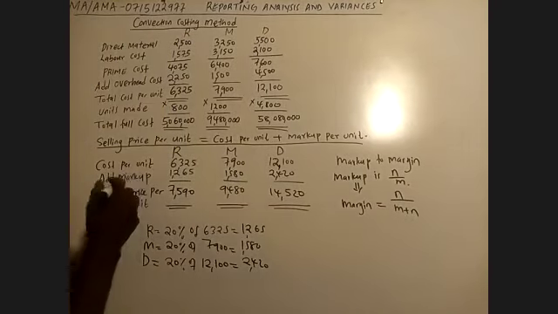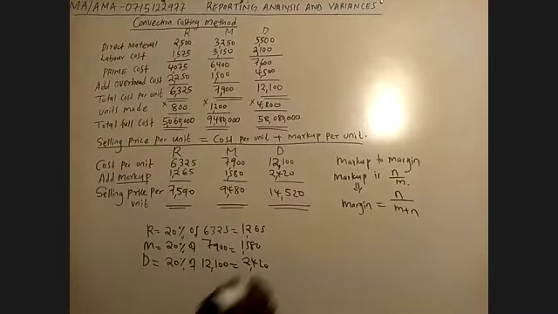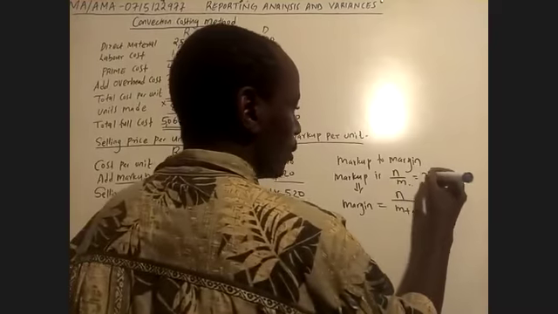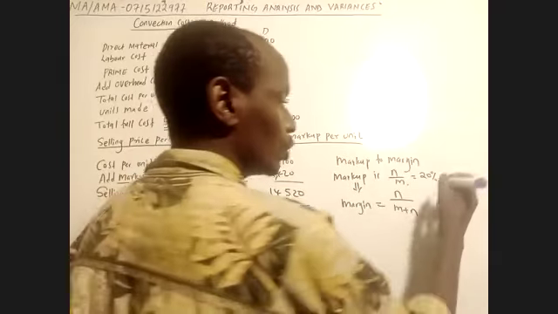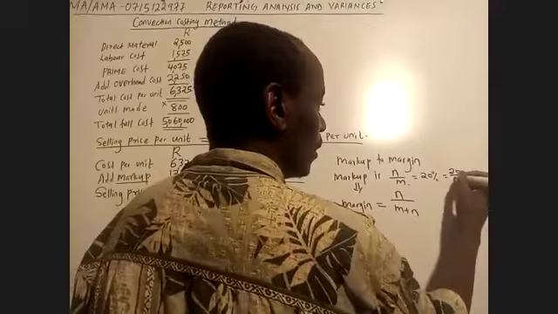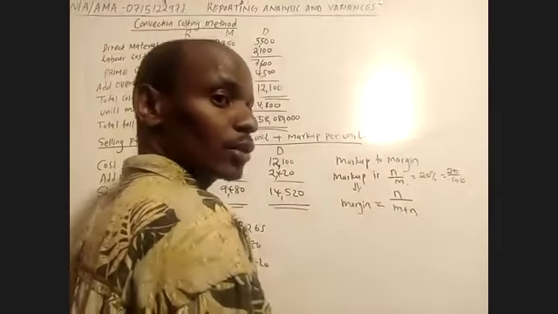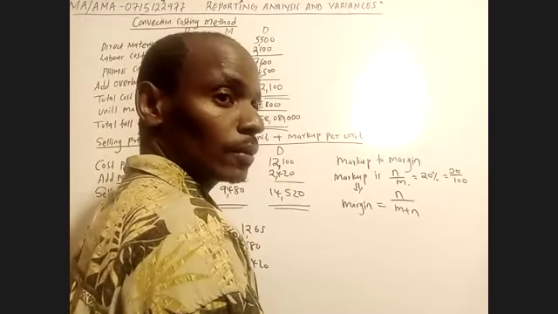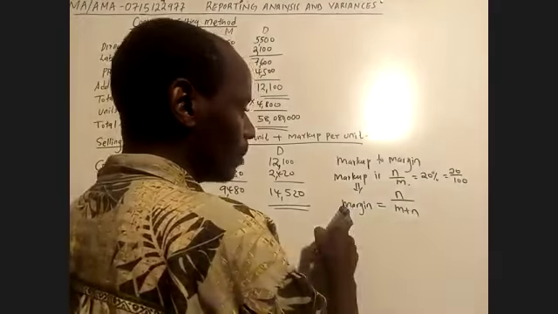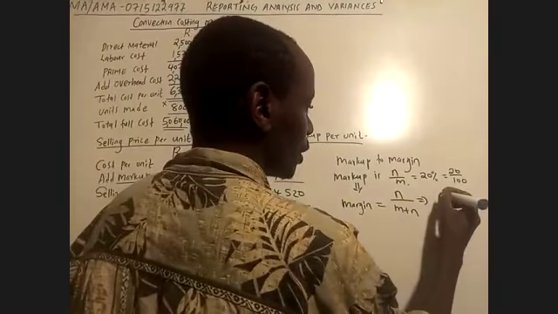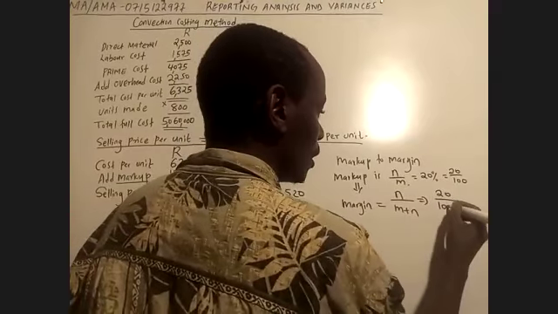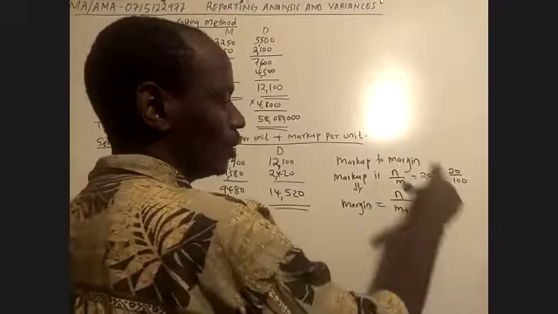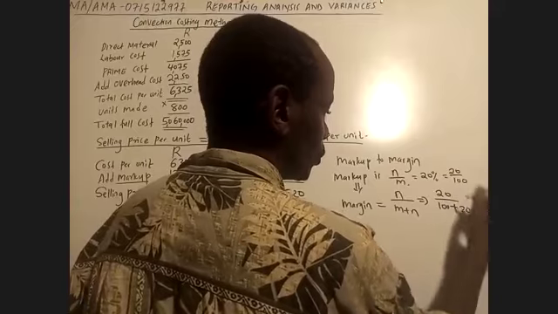Now, in this case, our markup is 20%, which is the same as saying 20 over 100. So for you to get margin, this is how you do it. It will be 20 over 100, then remember to add the N, which is 20.